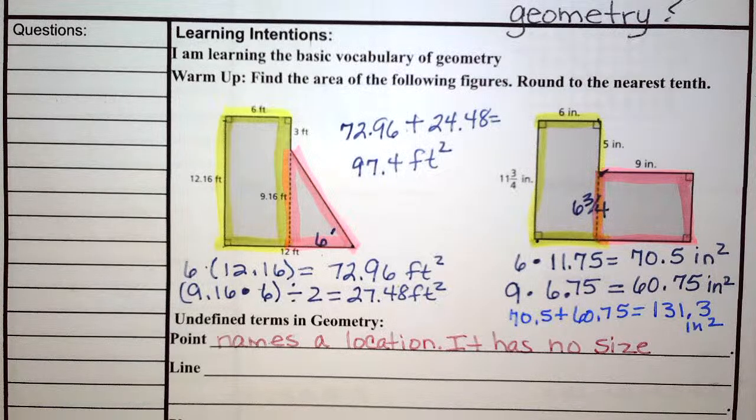Okay, think about a line. Why would a line be undefined? You could say it's made up of points, which kind of it is. But a line is a straight path that goes on forever. It has no thickness, and it goes on in both directions.